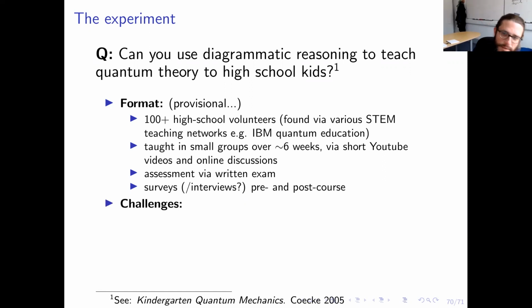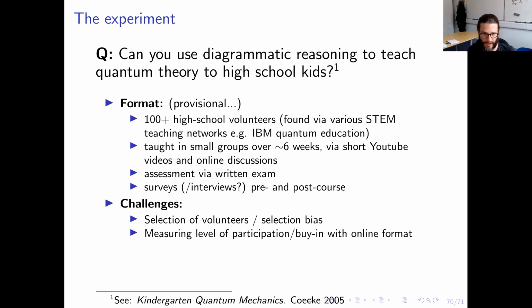And there are some things that are challenging with this. First of all, selection could be tricky, because as I've said, we're finding these volunteers, so they self-select. We're naturally going to get quite interested, mathematically inclined people, perhaps, which isn't necessarily a problem, but something we should be aware of.